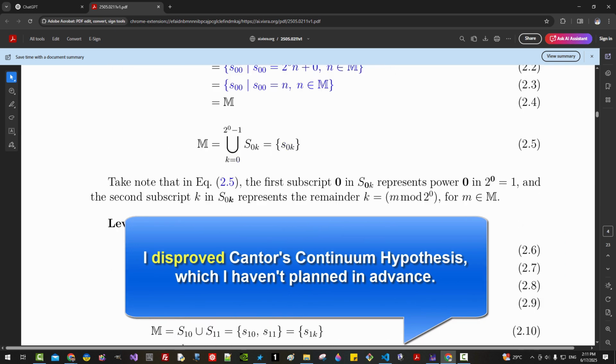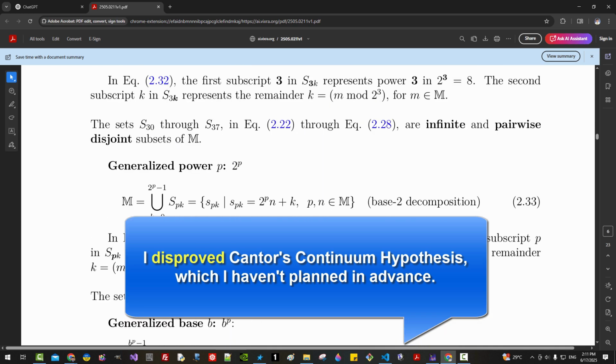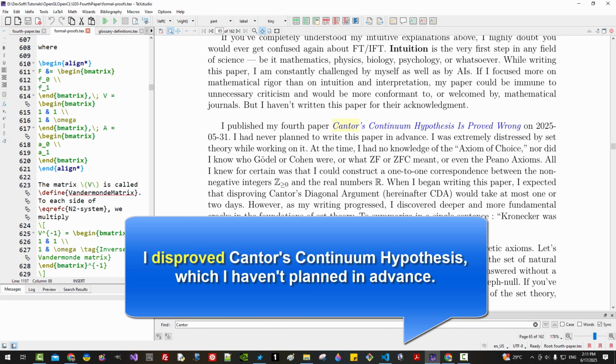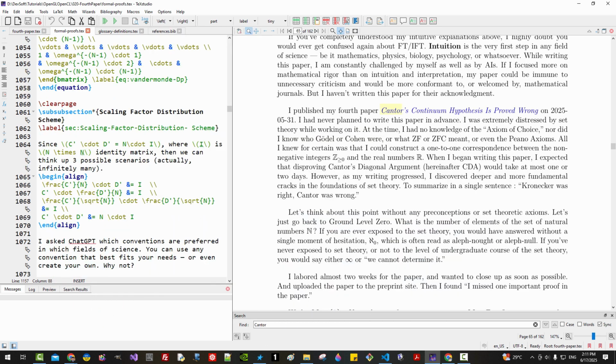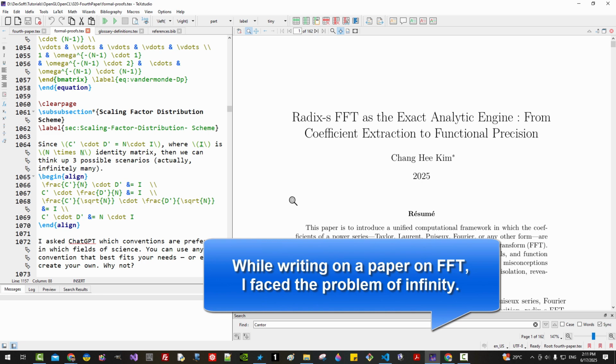I disproved Cantor's Continuum hypothesis. I haven't planned this in advance. But while writing my current paper, I faced the problem of infinity. So I detailed why Cantor's diagonal argument is wrong.